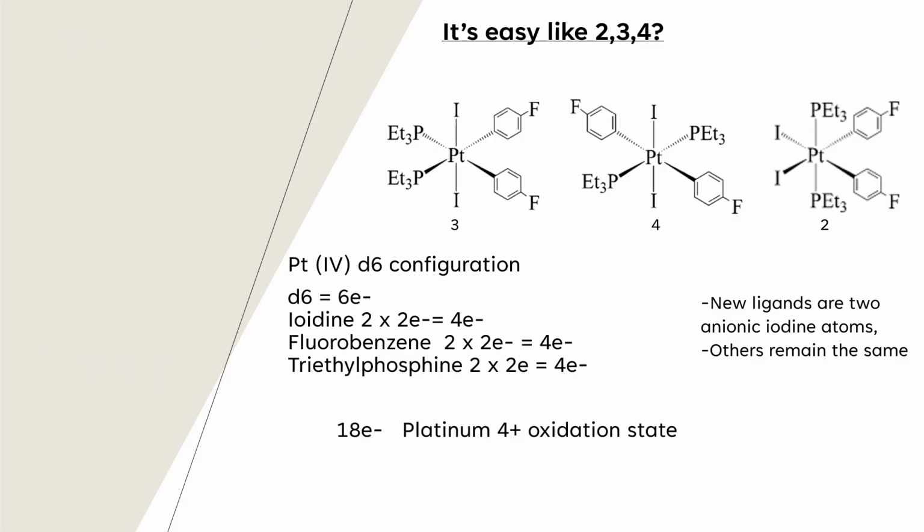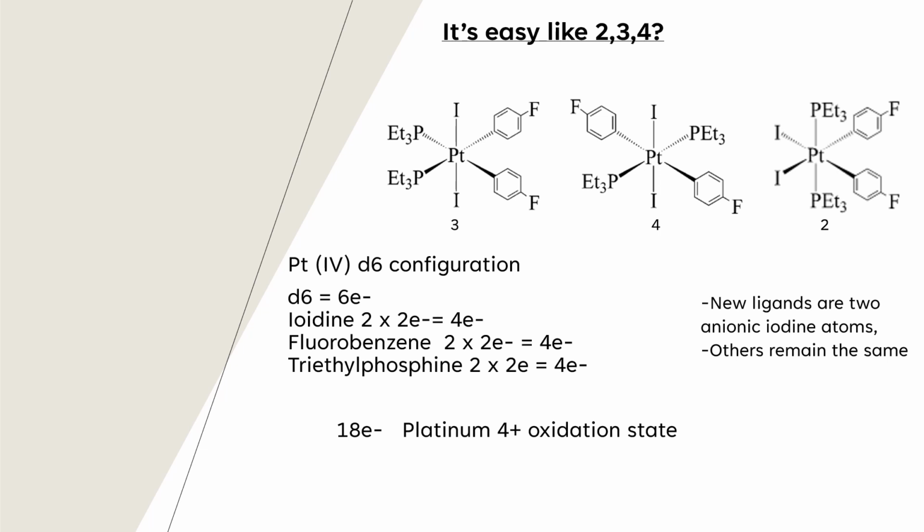It's a slightly different situation here for compounds 2, 3 and 4, but it's the same principle applied for the electron counting. So we have our platinum 4 compound in this case with a D6 configuration, as there are 2 extra ligands bound, and these 2 extra ligands are 2 iodine atoms, which will give us 4 electrons.